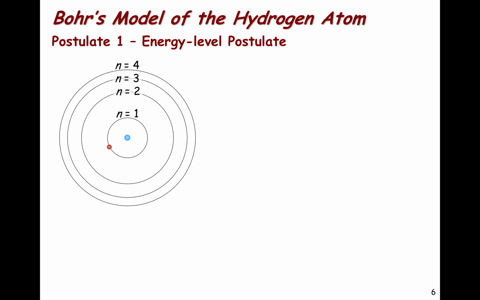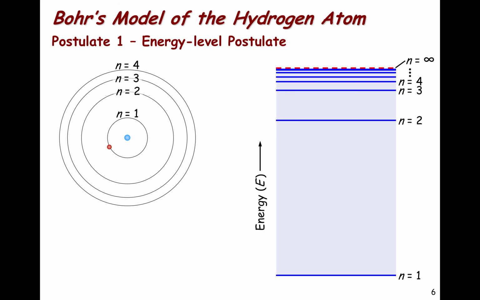If we can think of these various orbits in terms of relative energy, we can then come up with an energy diagram. In this particular case, the energy associated with the n equals infinity state is the zero value, which is the dashed line.